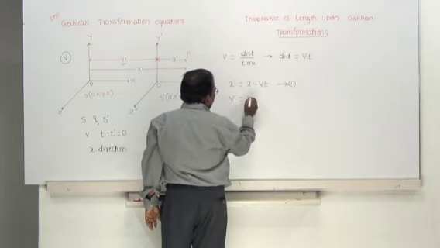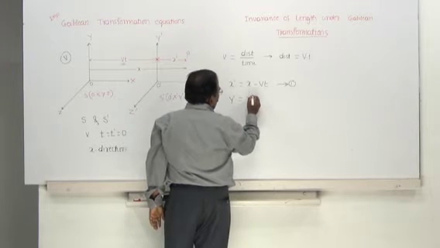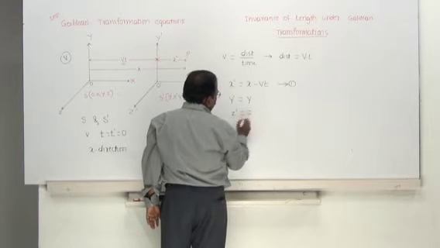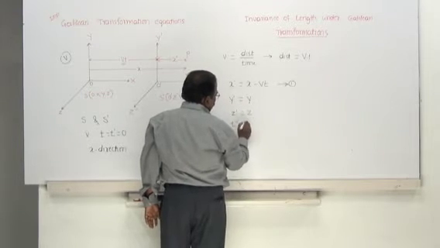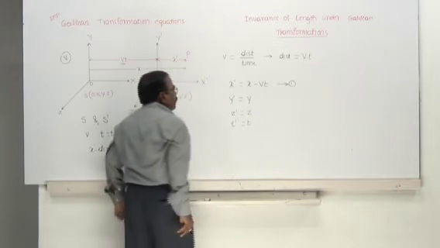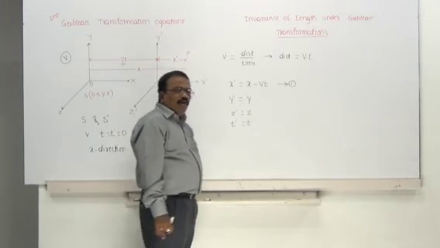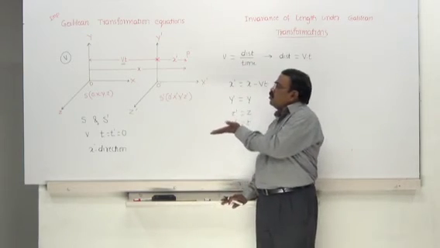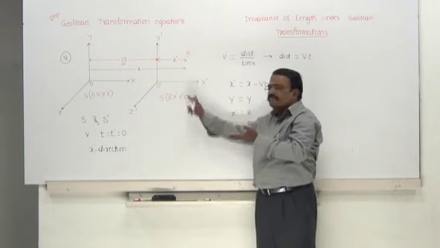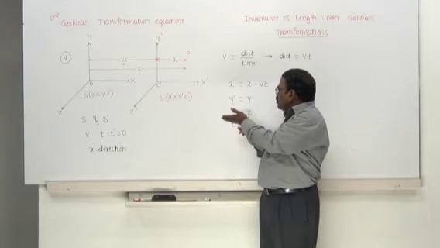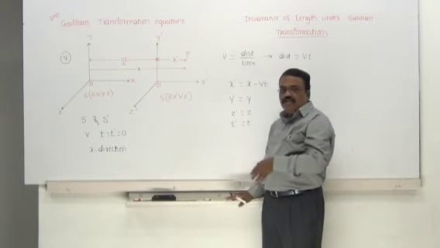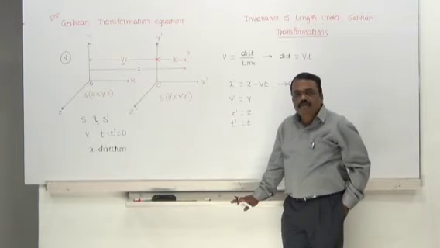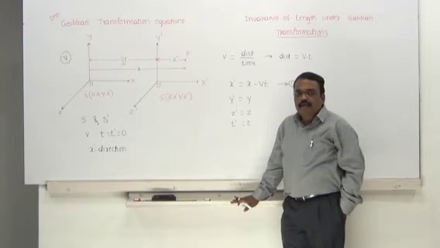Y dash is equal to Y. Z dash is equal to Z. And T dash is equal to T. Why is Y dash equal to Y? This frame does not move along the Y direction, and also it does not go along the Z direction. So in other words, the Y axis and Z axis are parallel.